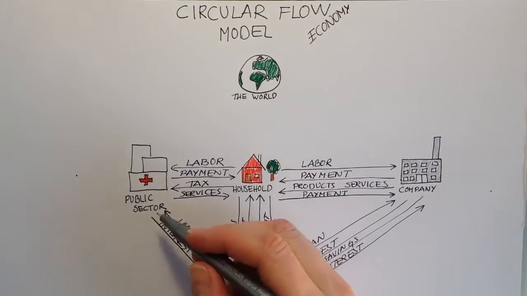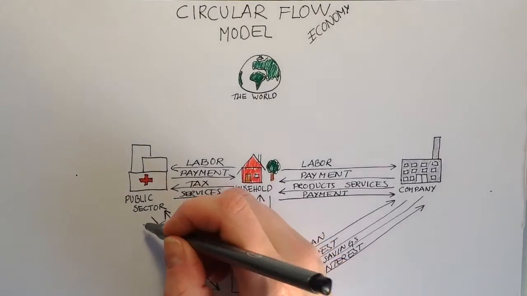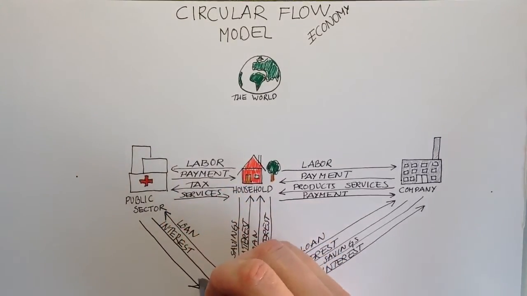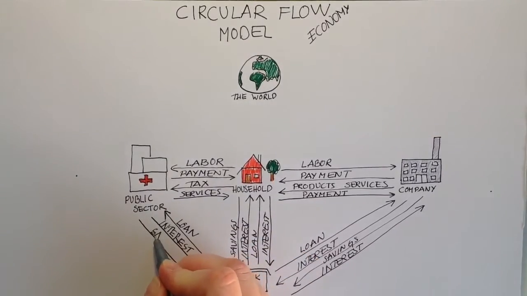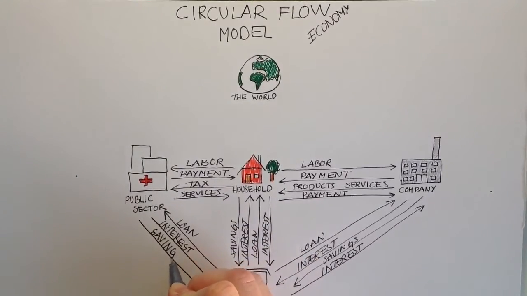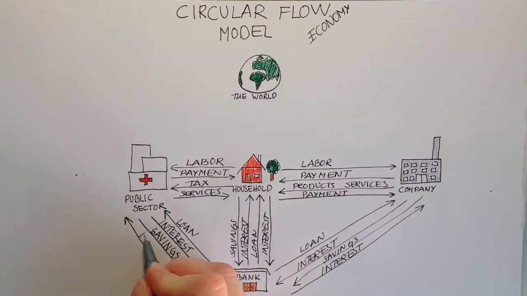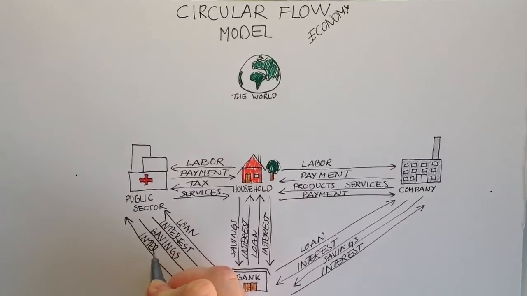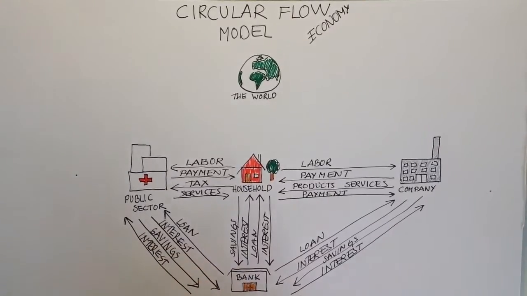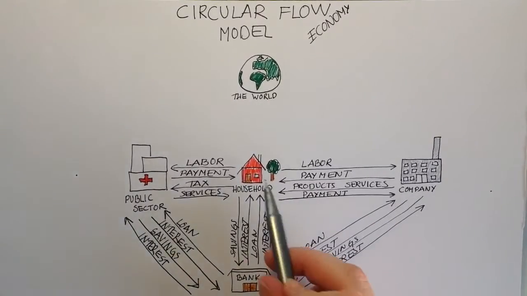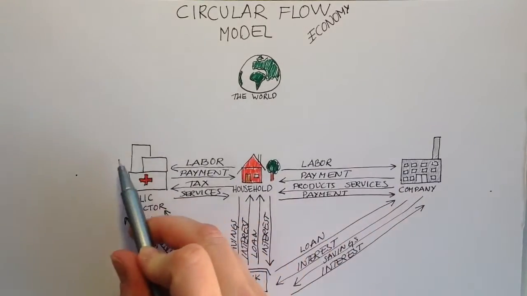Sometimes the public sector has a little bit too much money for the moment. Therefore, they have savings and they put it into the bank. And of course, if they do, the bank will pay them interest on their deposit. So, we see that these parts are closely connected to each other.